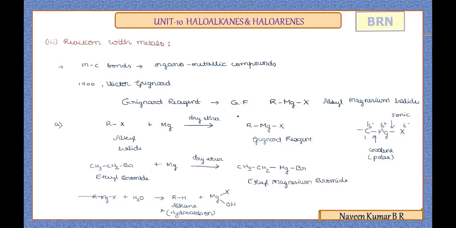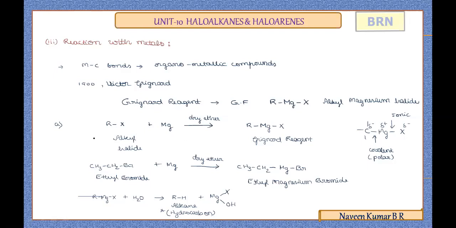What is a Grignard reagent, or what is the compound obtained when alkyl halide is treated with magnesium metal? Or for a 2 mark question, you can expect: explain the preparation of Grignard reagent, or what happens when an alkyl halide is treated with magnesium in presence of dry ether. So you need to write an equation supporting the explanation.